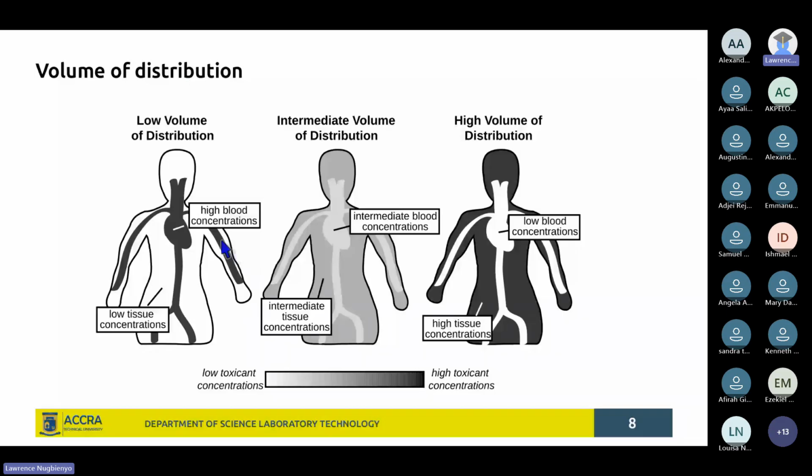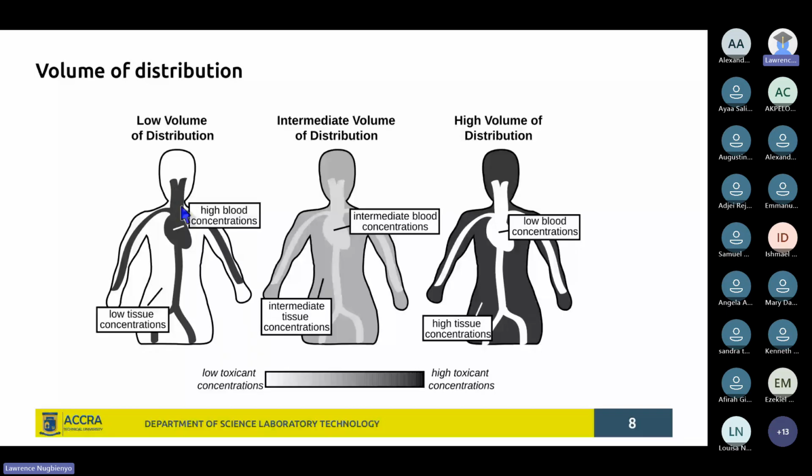So you take a look at the first case, where you're looking at the low volume of distribution. What you see is that you have high blood concentration of the substance. If you see the area being black, it means there is more of the substance there.